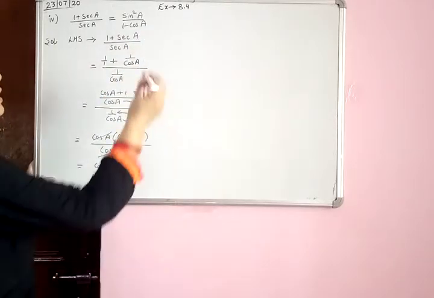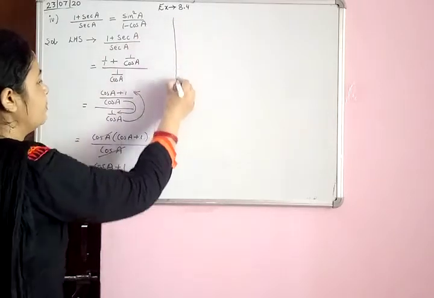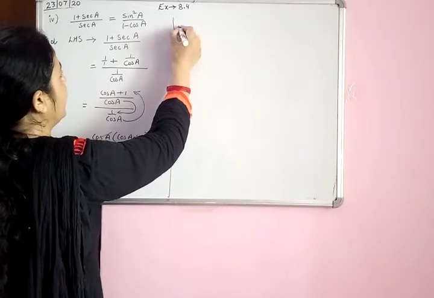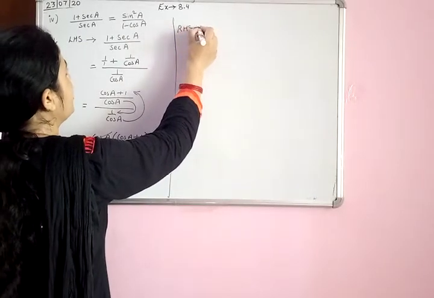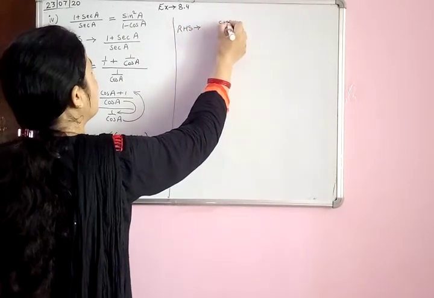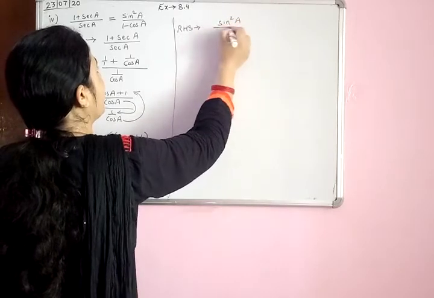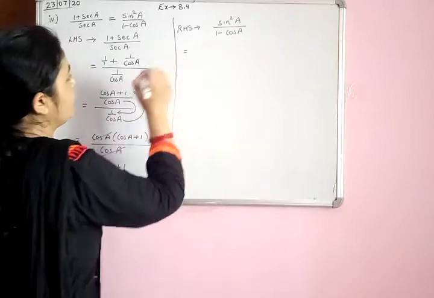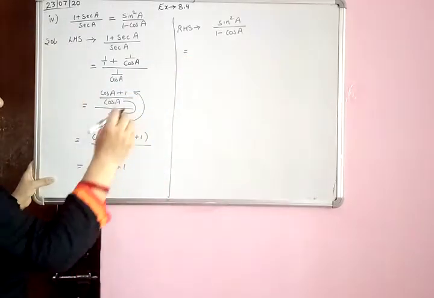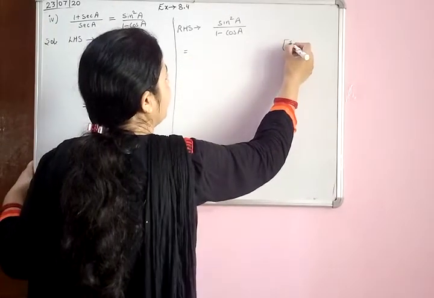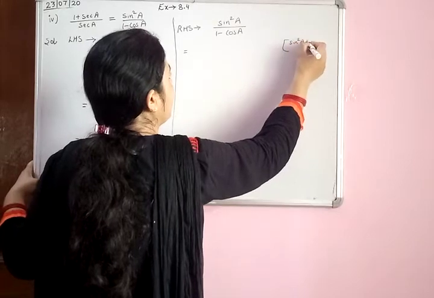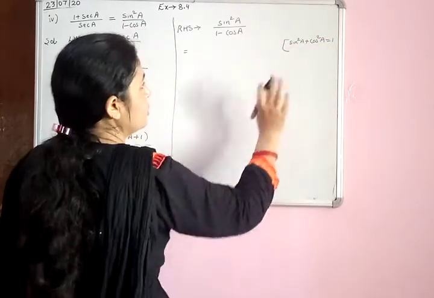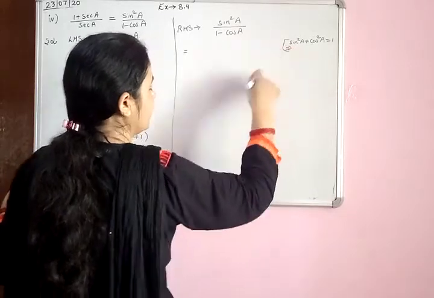Now we can take the right hand side and simplify the right hand side also. So the right hand side is sin square A upon 1 minus cos A. Using the identity sin square A plus cos square A is equal to 1, we can use this identity in another form.